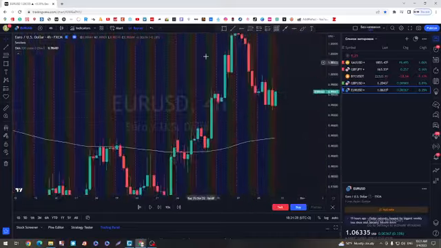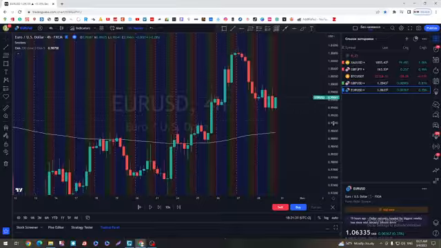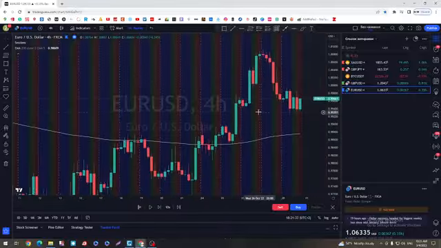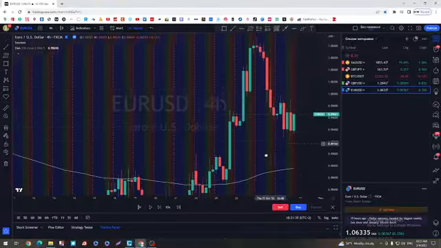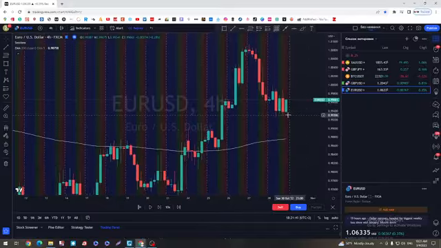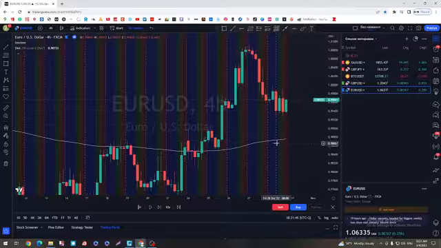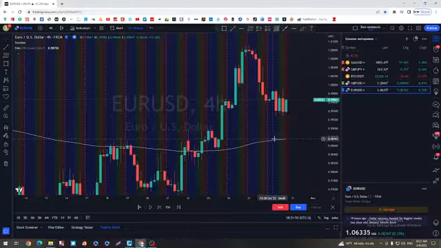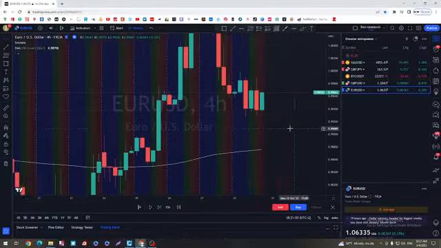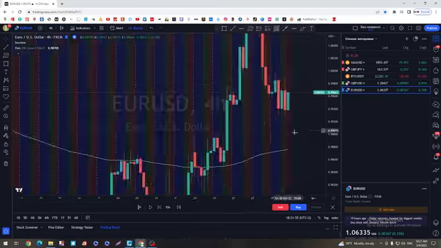So basically I'm gonna start with the 4 hour. I'm not gonna go too high, it just doesn't make sense. The price action is above the 200 moving average, and that's the problem, because the price action always comes back to this EMA and stuff like that. So I'm just not doing all the price action.